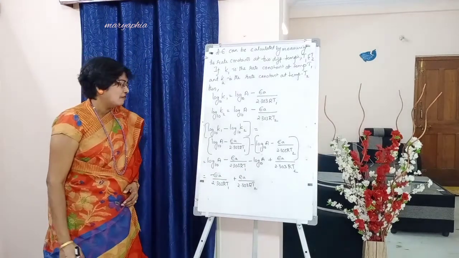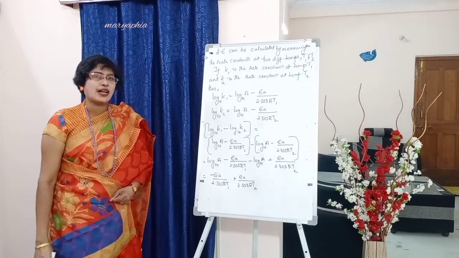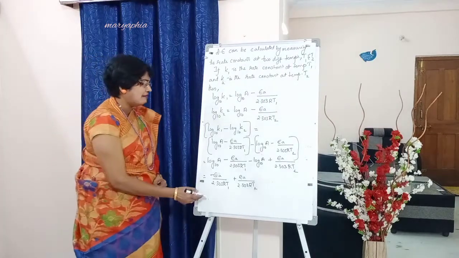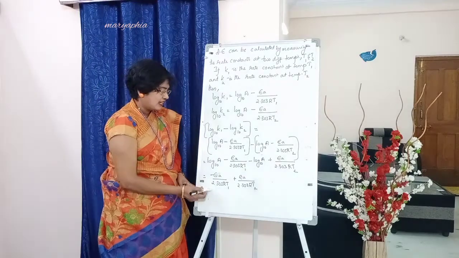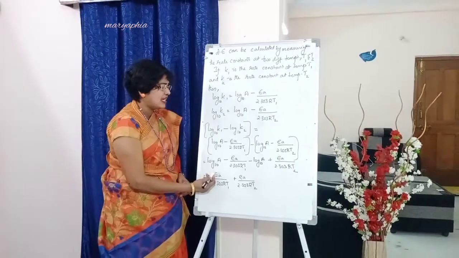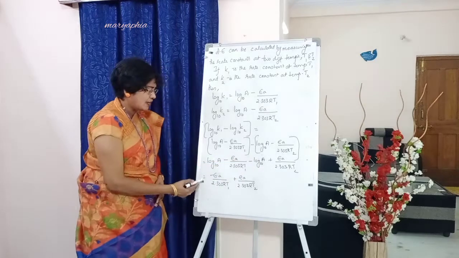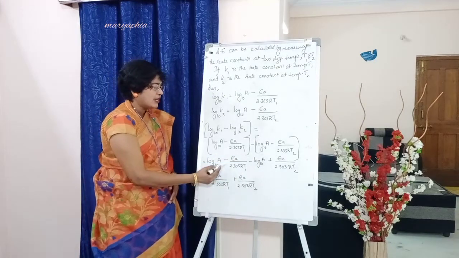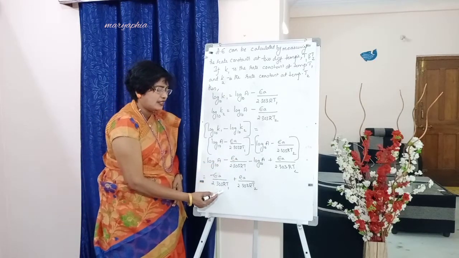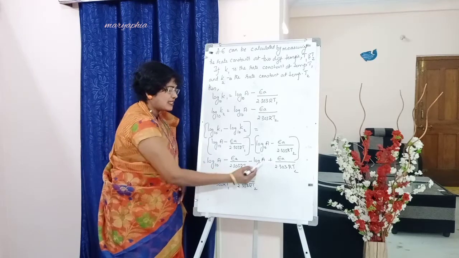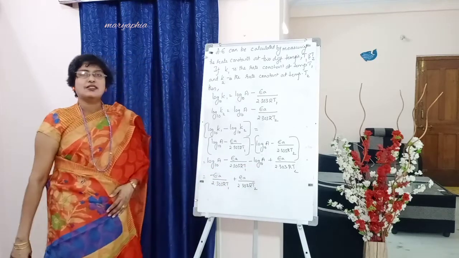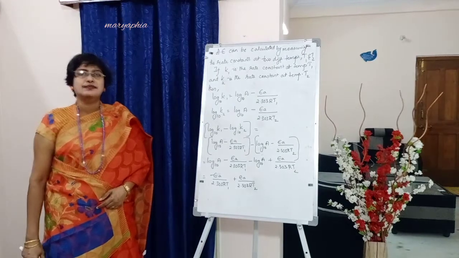Now, which will be equal to? What happened here? We have log of A base 10 minus log of A base 10, both get cancelled, and what remains is minus EA by 2.303 R T1 plus EA by 2.303 R T2.